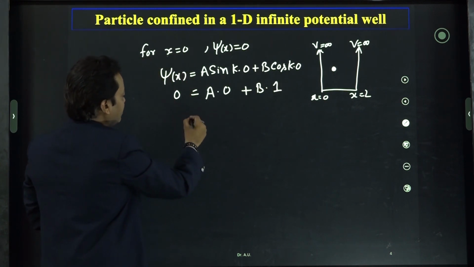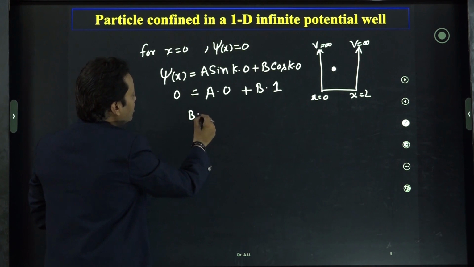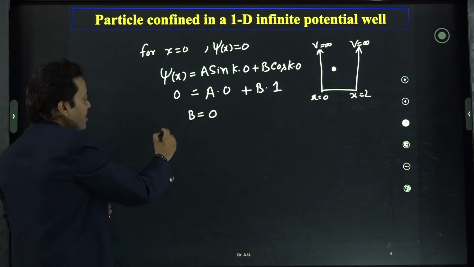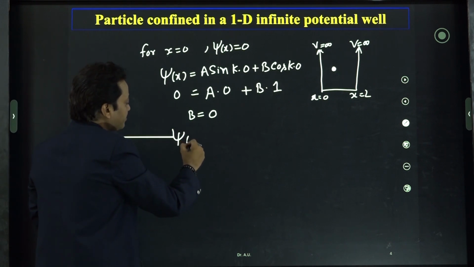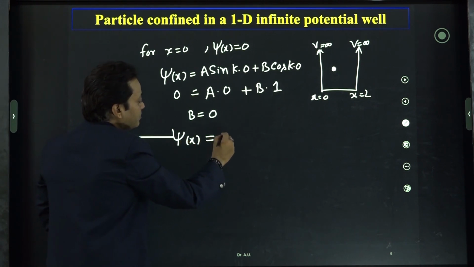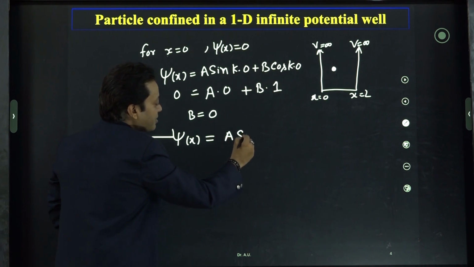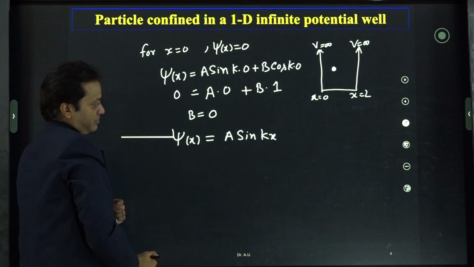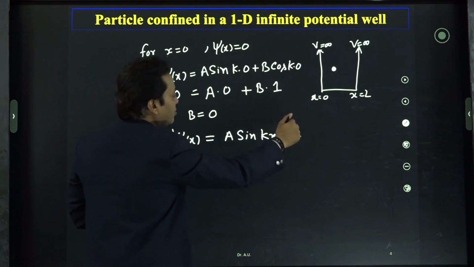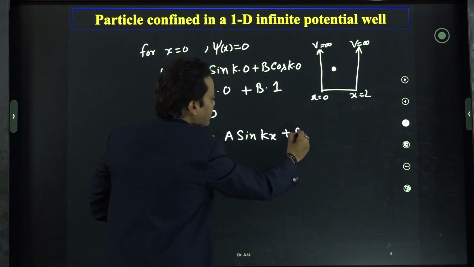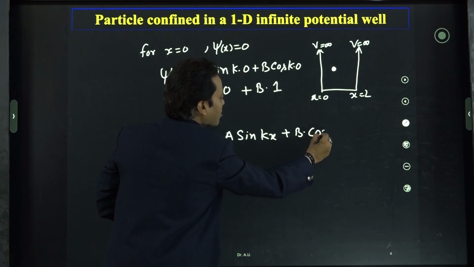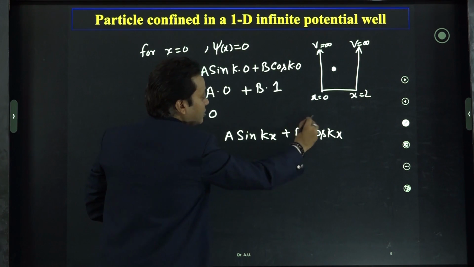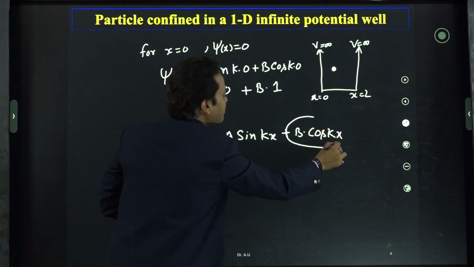So we can see here that b is equal to 0. Now our wave function is reduced to a times sine of kx because the b term is 0. It was previously b times cos of kx. Since b is 0, this total term will become 0.